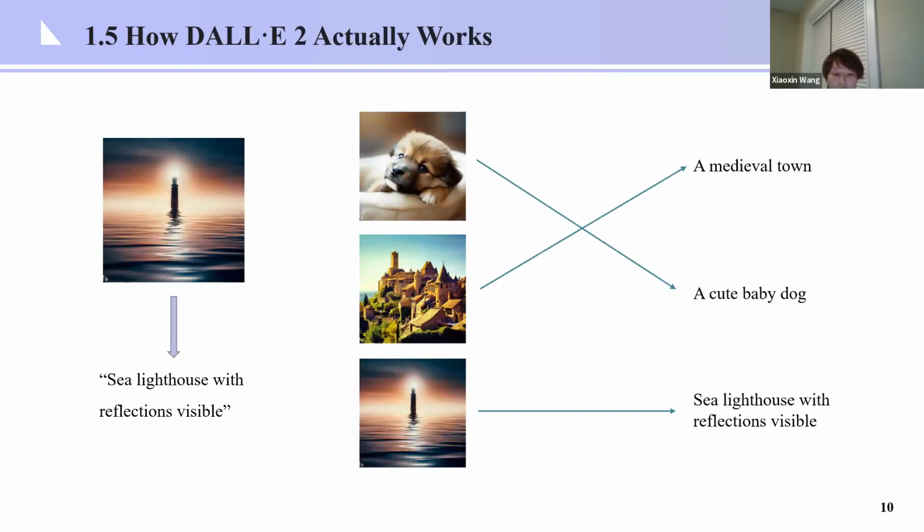CLIP stands for Contrastive Language-Image Pre-training. It is a neural network model that returns the best caption given an image, and it's essential to DALL-E 2 because it functions as the main bridge between text and image.